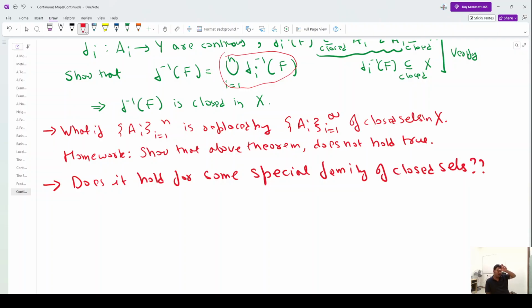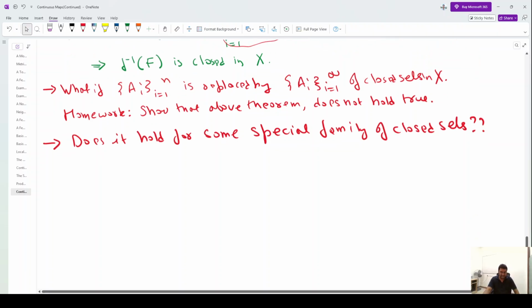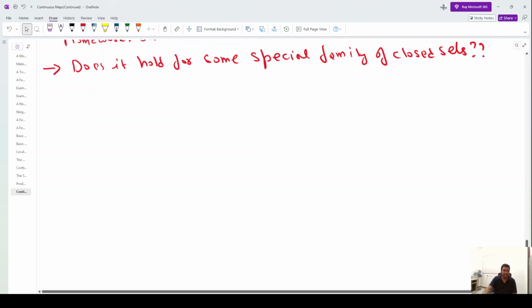Can I impose some condition on my family so that this result holds? So the answer is yes, and it's a very deep result. Definitely, at my time I didn't get it. I have read only. So there is something called locally finite families.